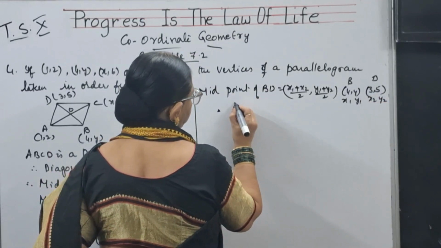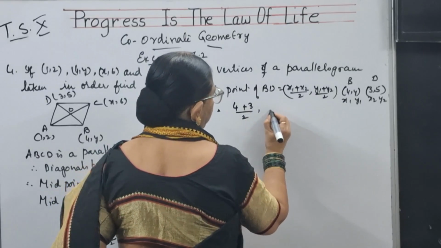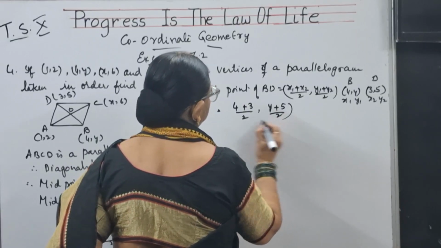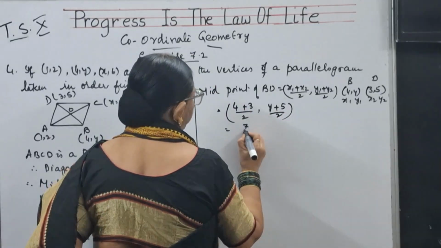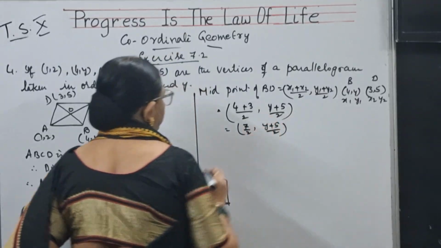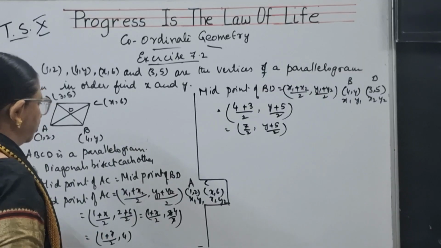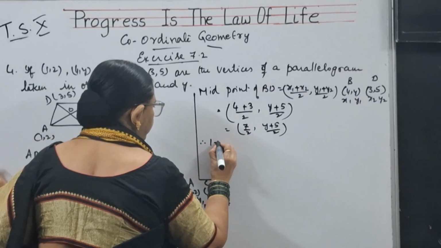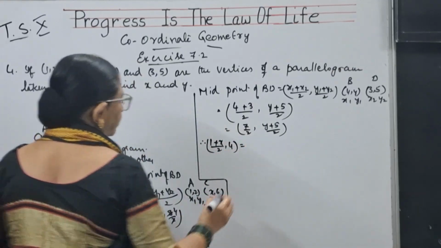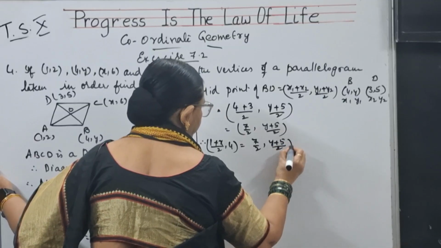So this is equal to ((4 plus 3) by 2, (y plus 5) by 2). This is (7 by 2, (y plus 5) by 2). So as we said, midpoint of AC is equal to midpoint of BD. Therefore, we will be saying that ((1 plus x) by 2, 4) is equal to (7 by 2, (y plus 5) by 2).